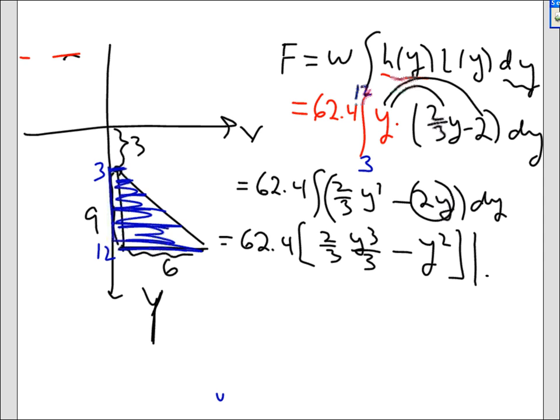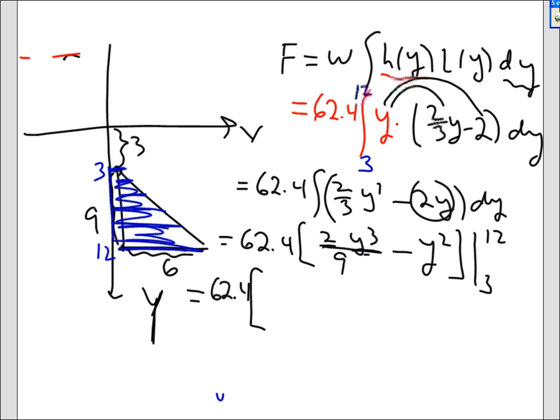Y goes from 3 to 12. And then you plug in. I'll call this 3 times 3 in the bottom, as I mentioned. I'll call it 9. Okay, so you have 62.4.